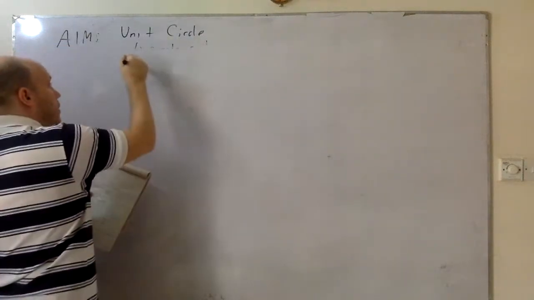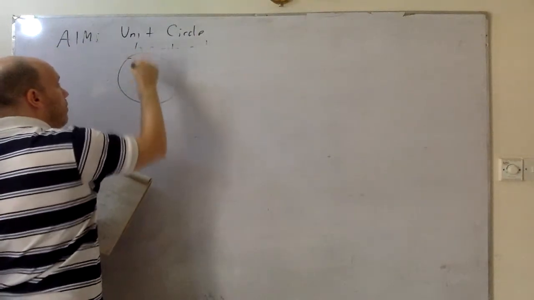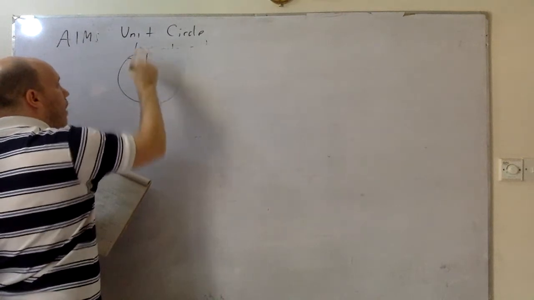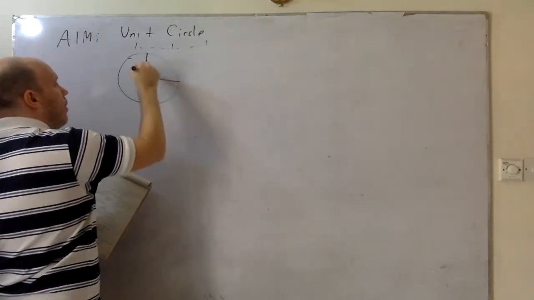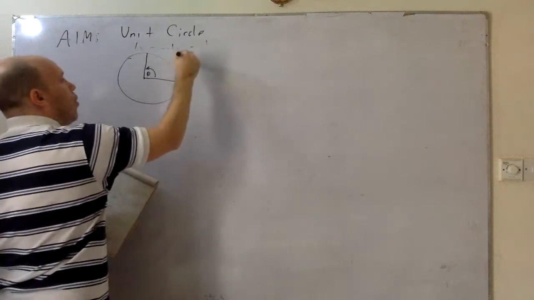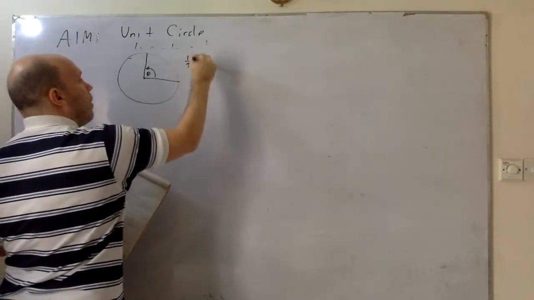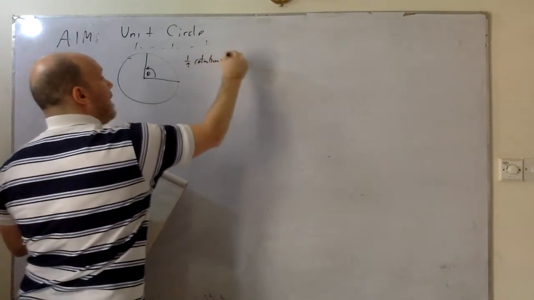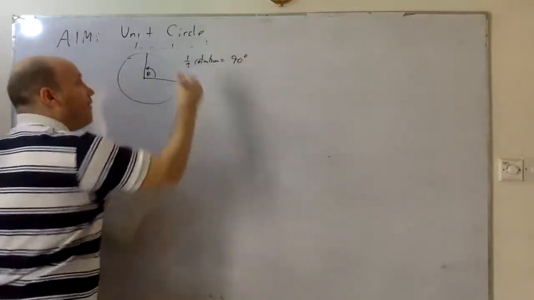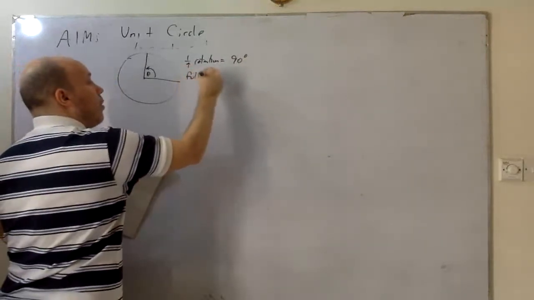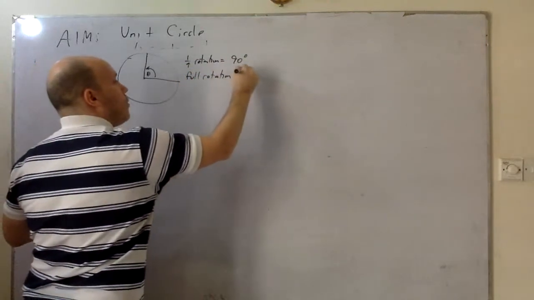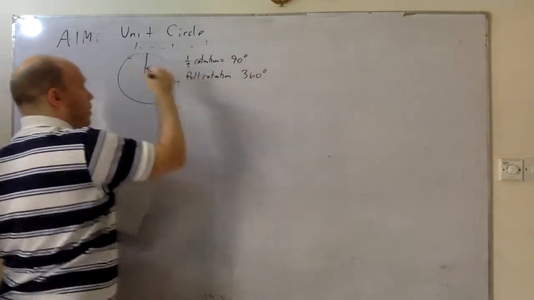What's wrong with degrees? Well, let's take our unit circle and talk about a quarter rotation. This is a quarter rotation, and we call it 90 degrees, right? Or a full rotation is 360 degrees.